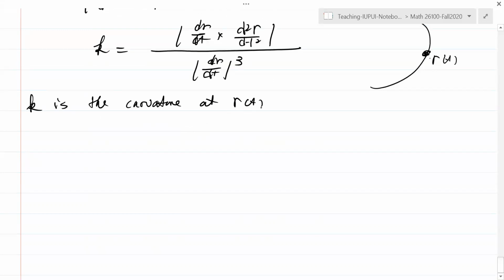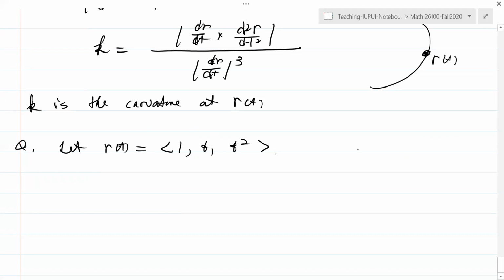Let's take a look at an example, since curvature is not necessarily constant. Let r(t) be (1, t, t squared), with no restriction on t.